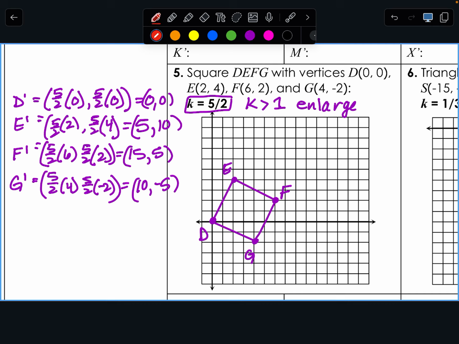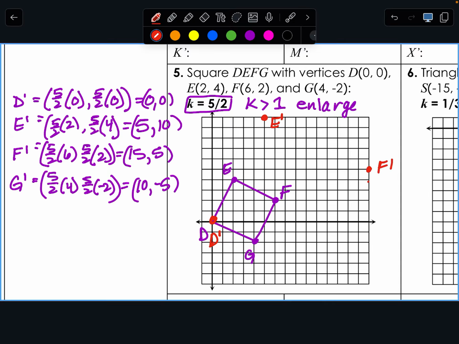So when we graph our points, D prime is also at the origin. So you just put another dot and label it as D prime. Over 5, 2, 3, 4, 5, up 10 is E prime. Over 15, up 5 is F prime.